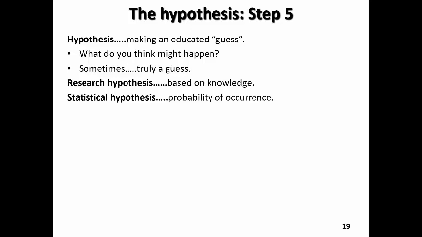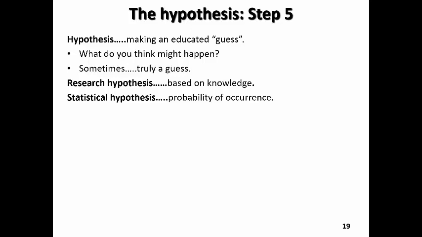And then there's what's called a statistical hypothesis, which is not an educated guess, but the statistical hypothesis, as the term might suggest here, is one that is statistical in nature, in that it evaluates the outcome of a quantitative experiment, so experiments that use numerical values to describe outcomes.